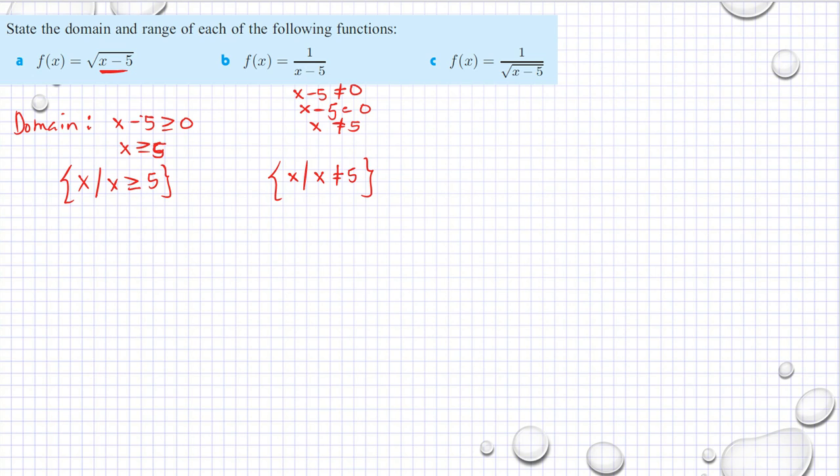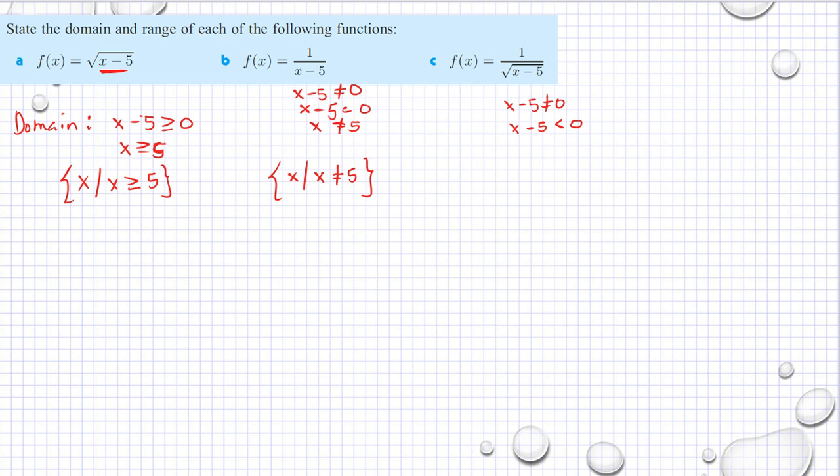Okay. Here also, aside from x minus 5 should not be equal to 0, x minus 5 should not be less than 0 either. So I have 2.